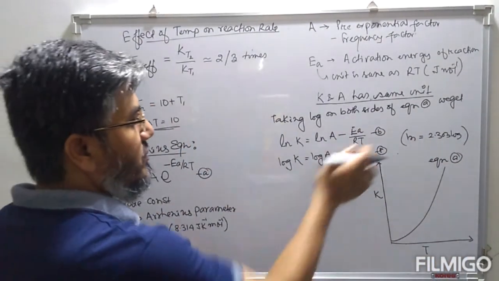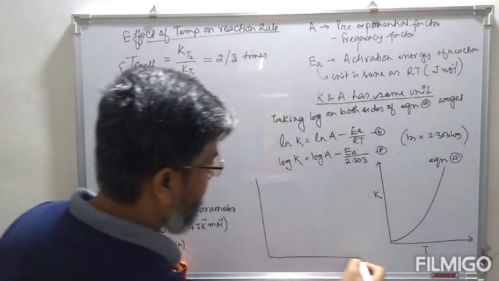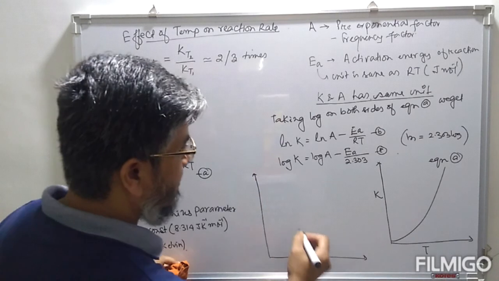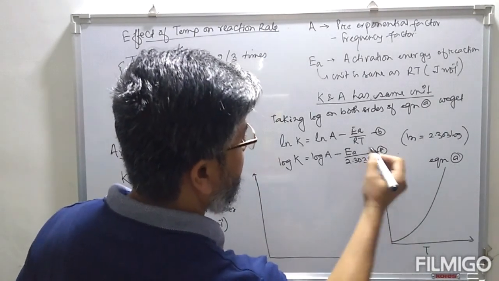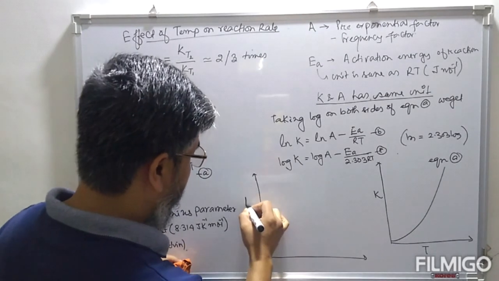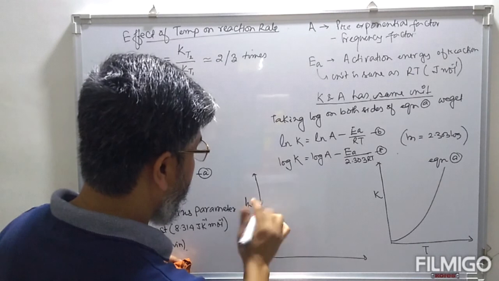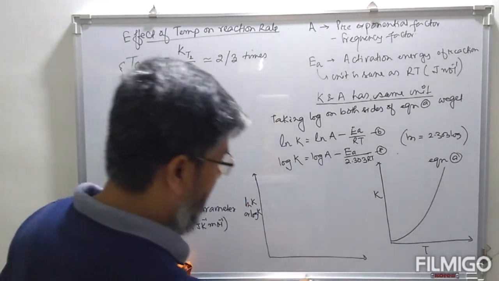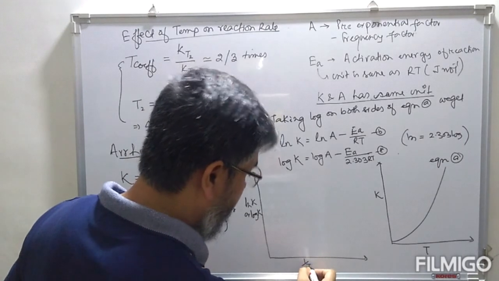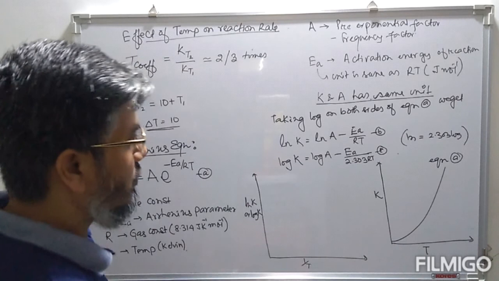Now look at equation B or equation C. ln K or log K versus 1 by T is the equation of a straight line with negative slope.